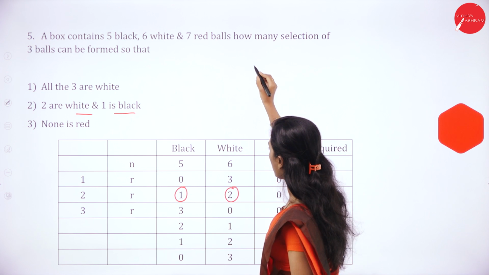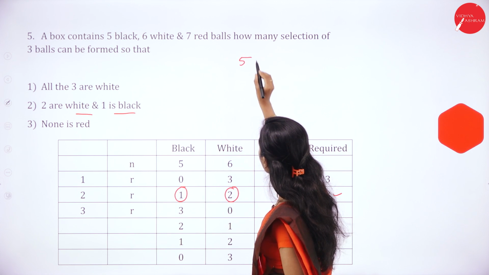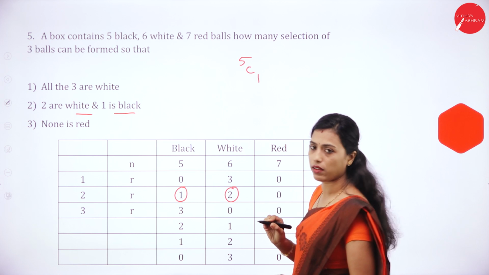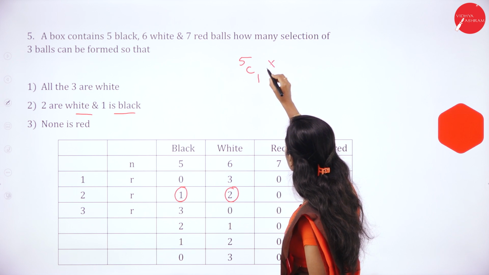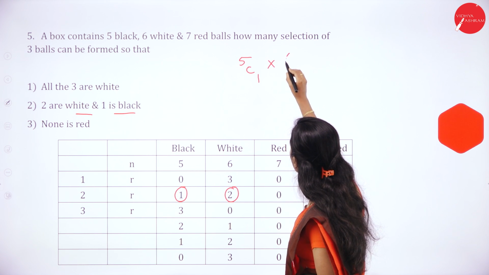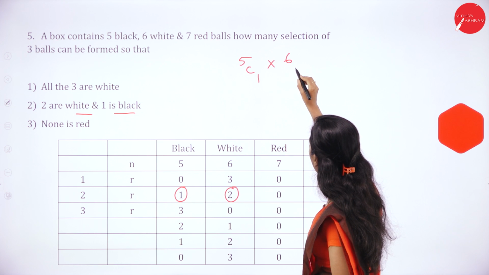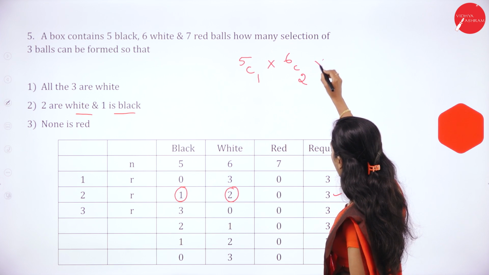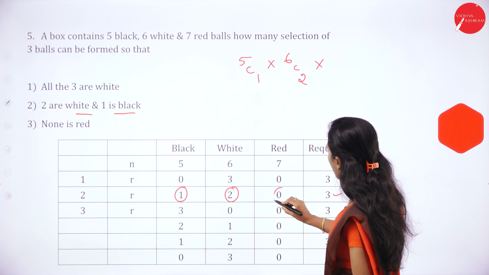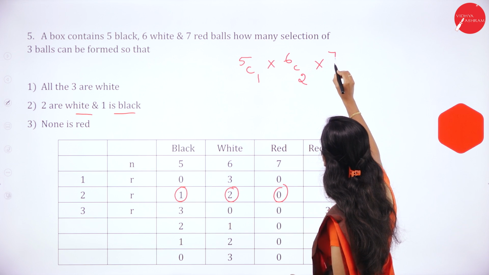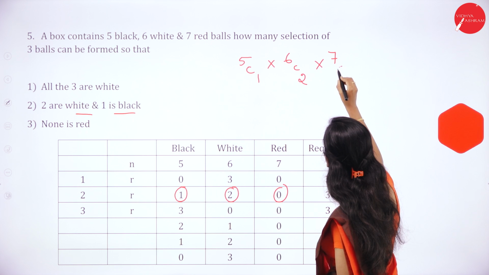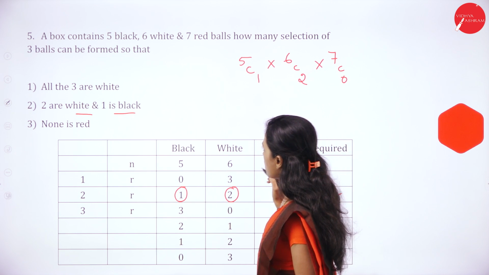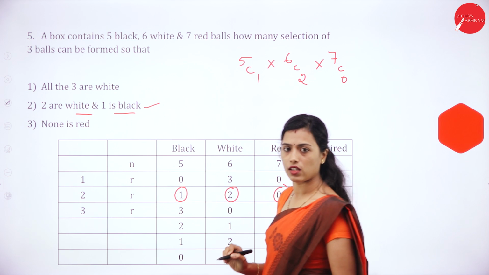So the equation will be: there are 5 black balls, out of 5 we are going to select 1 black ball, into out of 6 white balls we are going to select 2, and out of 7 red balls we will not select any red ball, so 7C0. This is the equation for the second question.